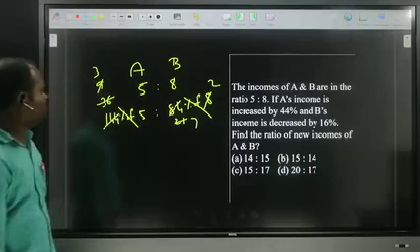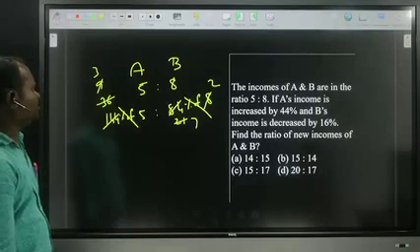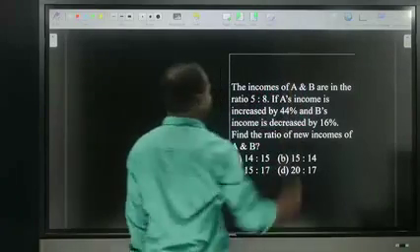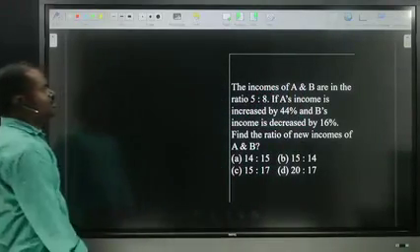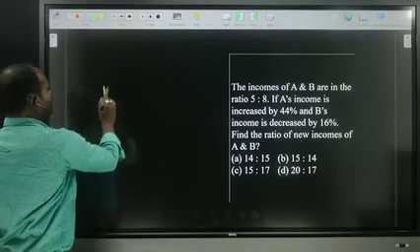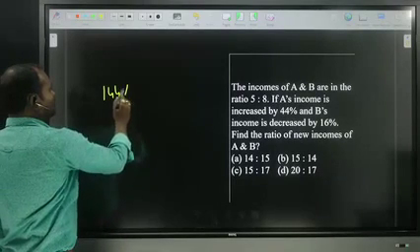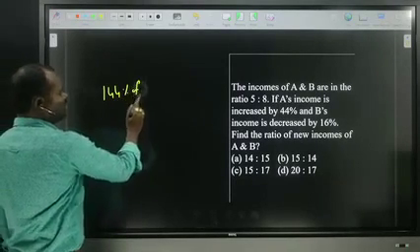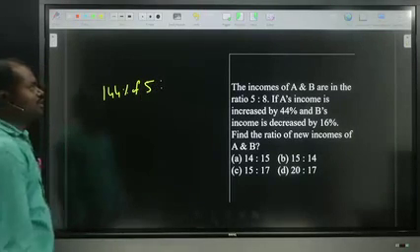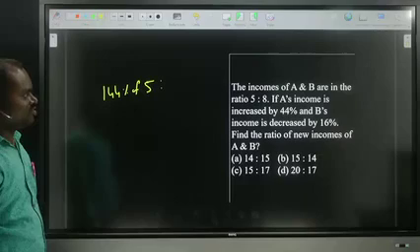One second, did we make any calculation mistake? Shall we check now. A's income is increased by 44%, so 144% of 5 is to B's income decreased by 16%.